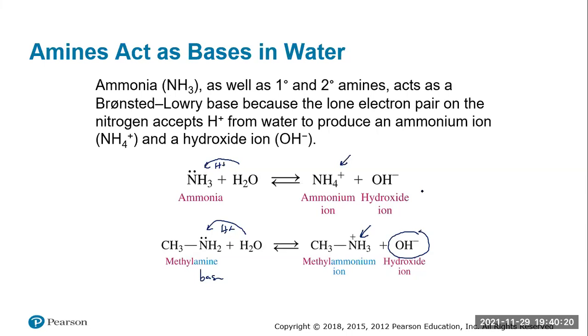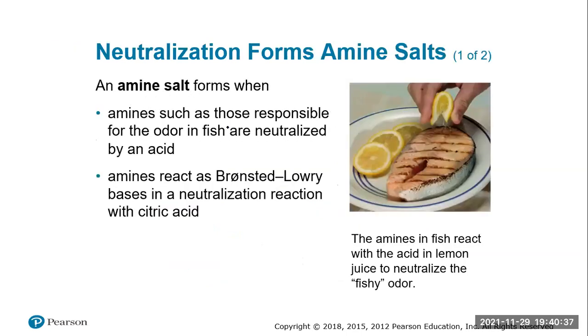You don't have to worry about the name of this one here. But amines can basically act as bases, just like ammonia can, accepting that H plus from something, for example, water. An ammonium salt is basically formed when we do such a reaction. That's the one I crossed out the name of.